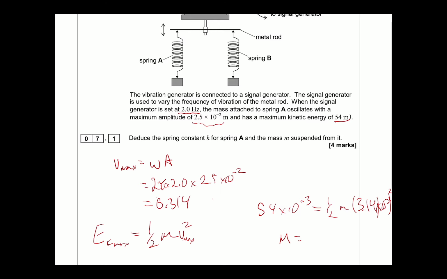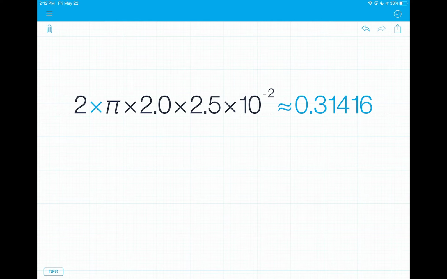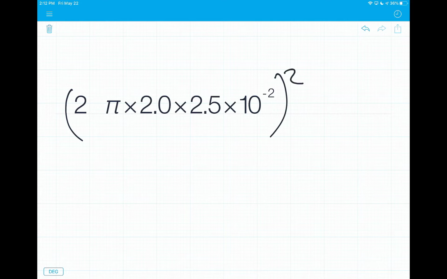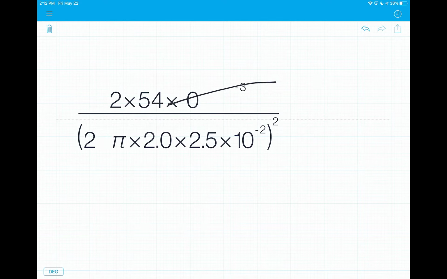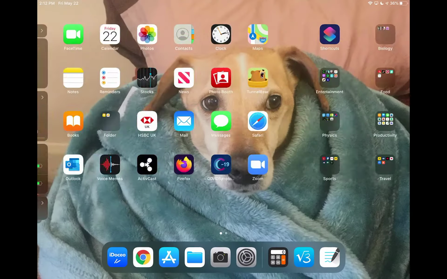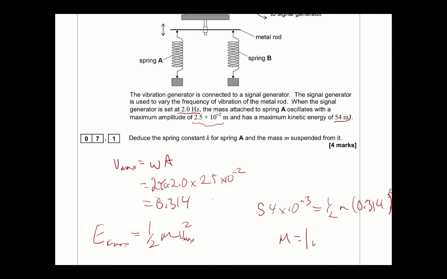That is what is known as a power of 10 error, my friends. Power of 10 error. So 1.1 kilograms, and that looks right.